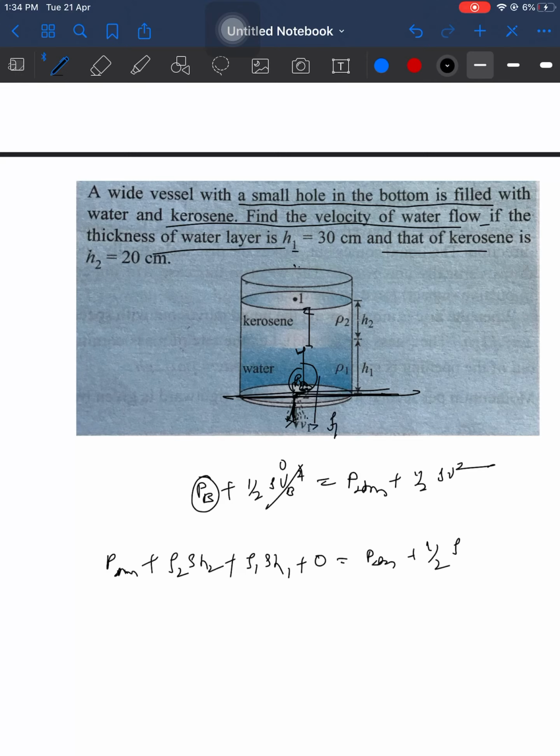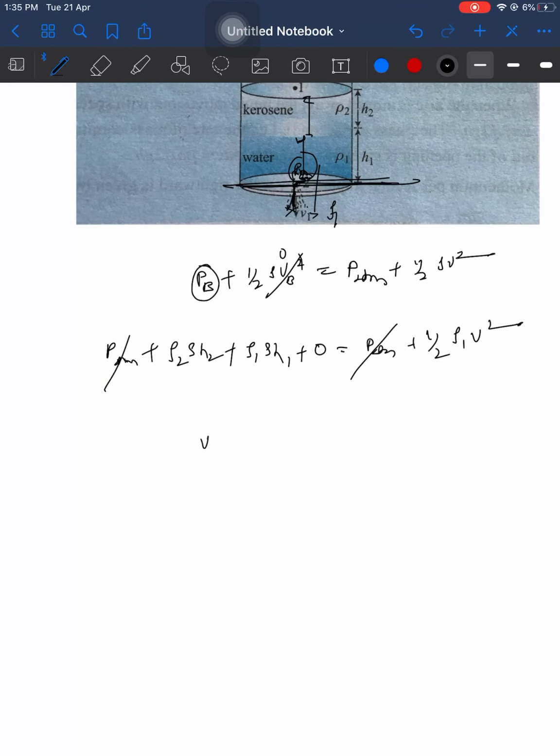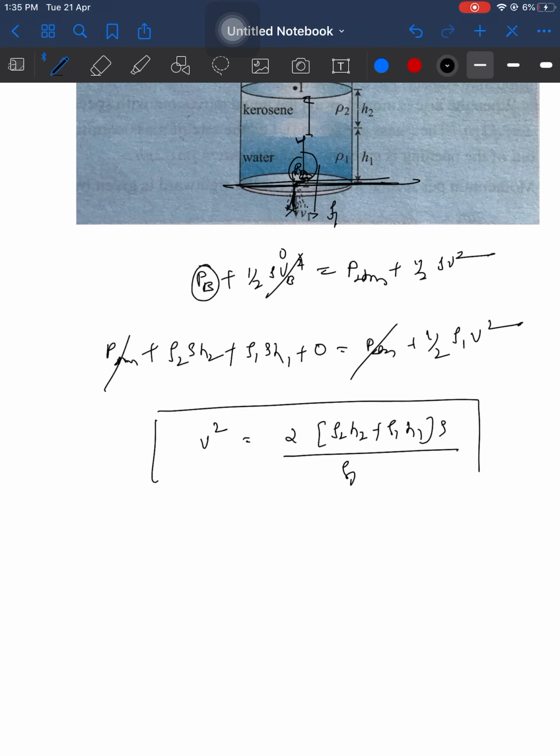So p atmosphere gets cancelled. You can get v square is equal to 2 into rho 2 h2 plus rho 1 h1 into g by rho 1, and this is the value of v square which is coming out.